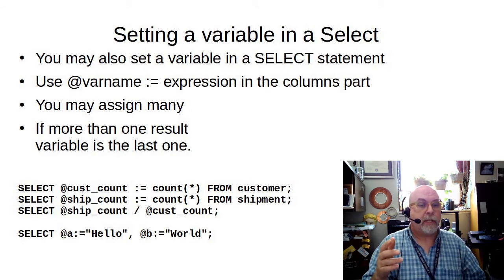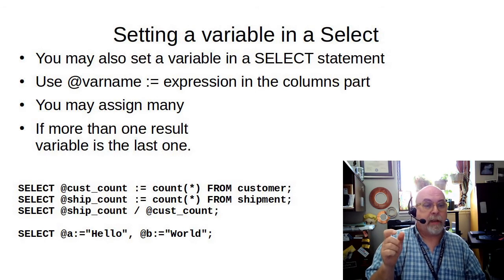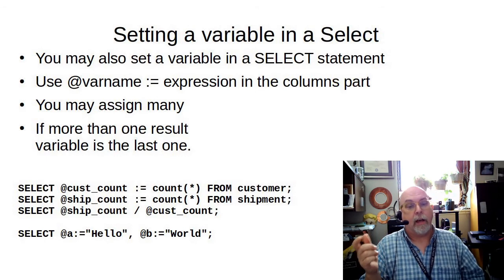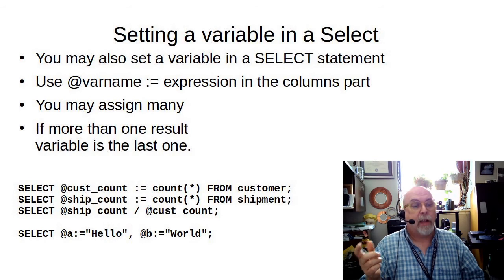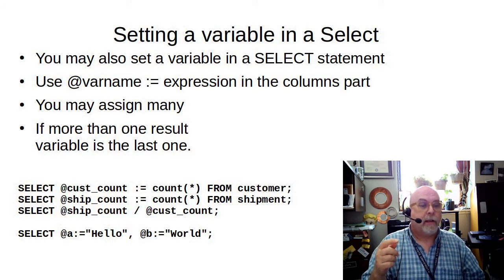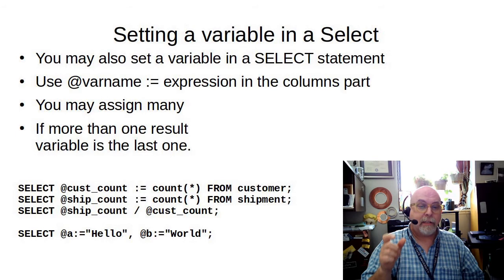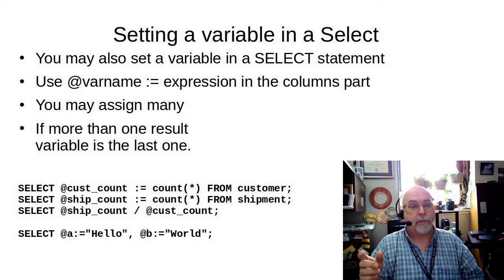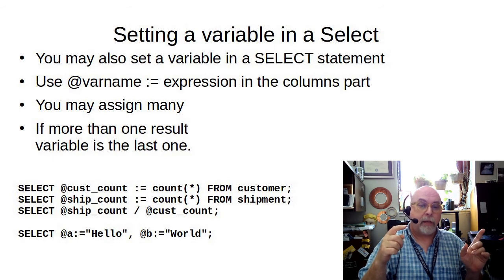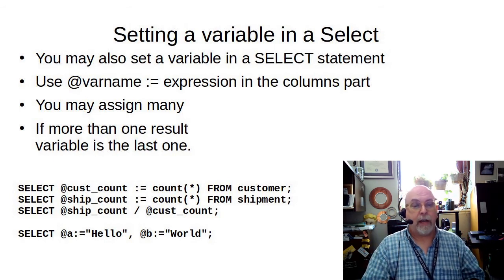We could also see that the next select creates a variable called ship_count equal to the count of the number of rows in the shipment table. And then that third line calculates the average number of shipments per customer, ship_count divided by cust_count, and displays it because it's a select without a from or without a where or anything else. So it'll do the calculations and just show those values.